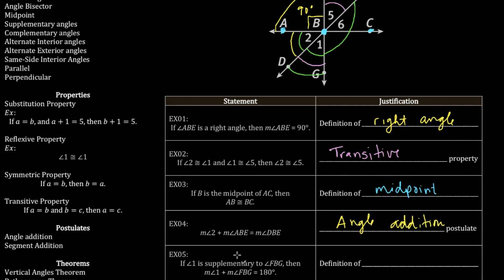Supplementary means that as a pair, they add up, or the sum is 180. So if it says they're supplementary and then it says that they add up to 180, that's because that's the definition of supplementary angles.